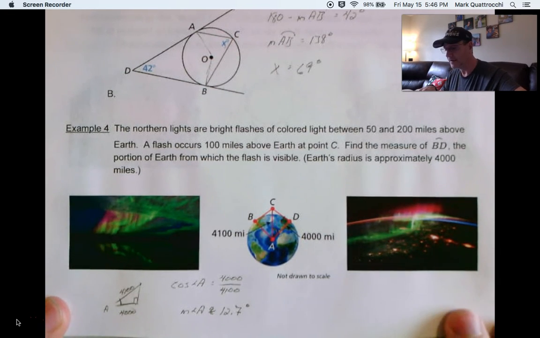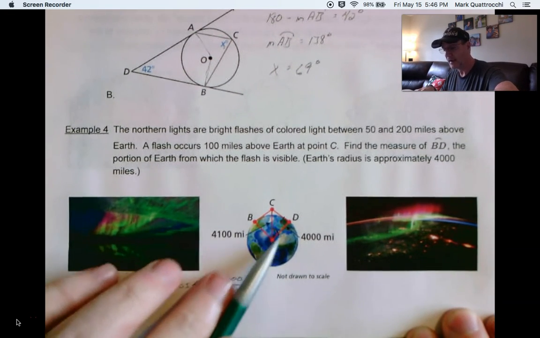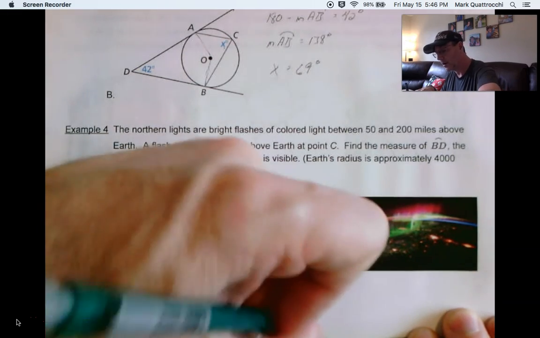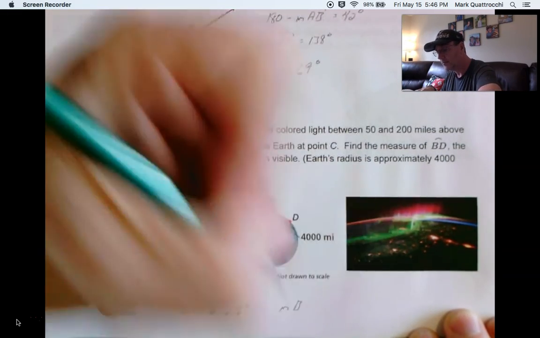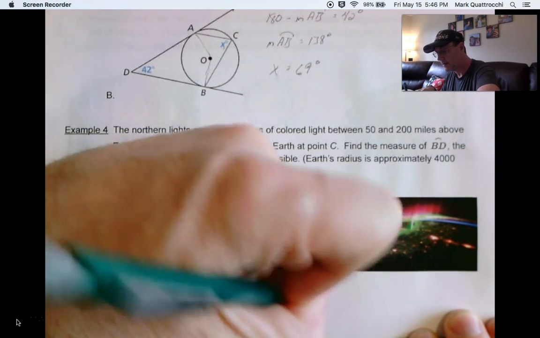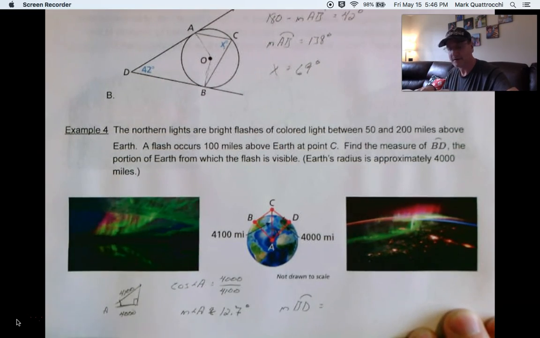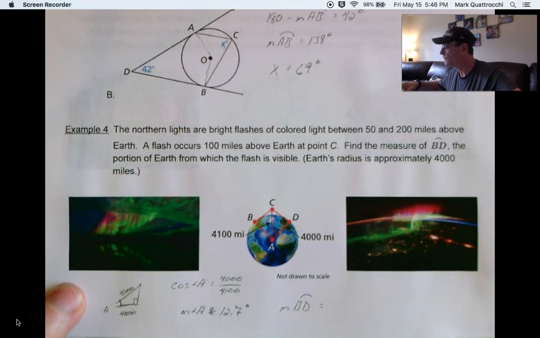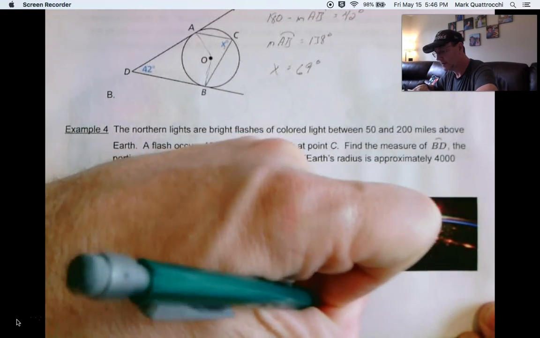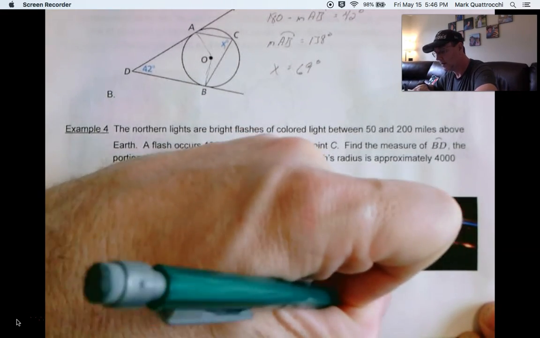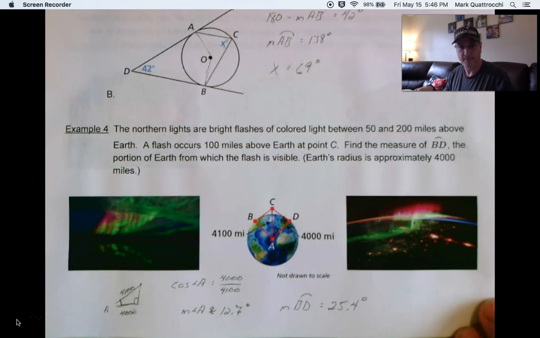And we want to double that to find the measure of angle BAD, or arc. The measure of arc BD is twice this, so times 2, 25.4 degrees.